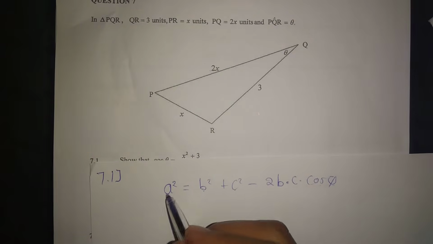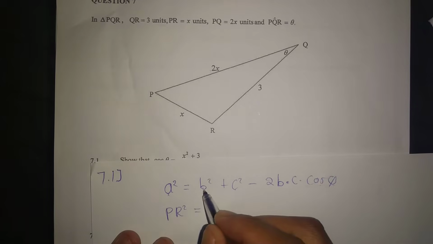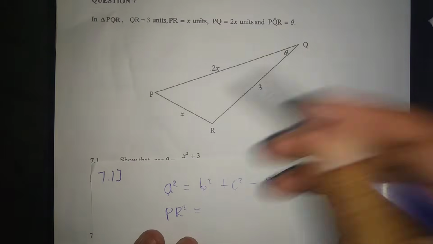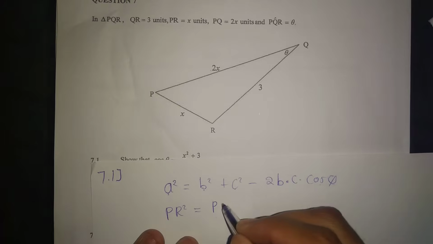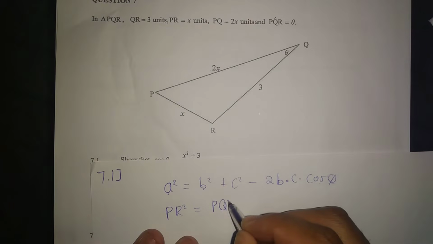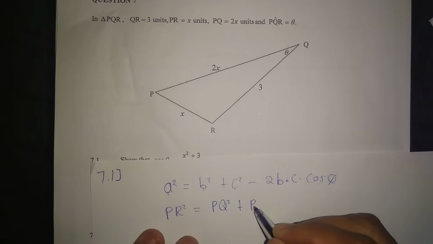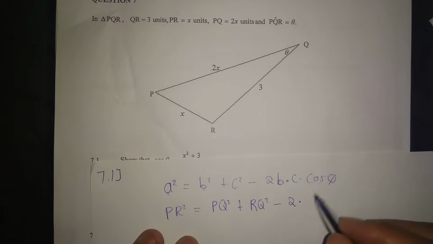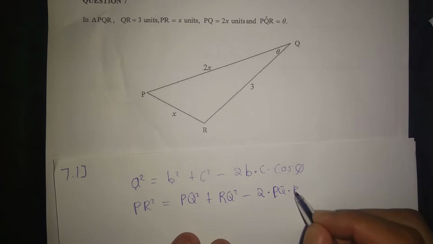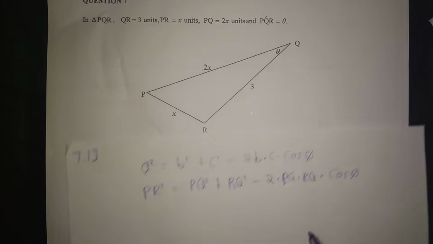So the opposite side, PR, so it's PR squared, is equal to b, any of the two sides. So let's take b as PQ, so it's going to be PQ squared plus c, the other side, RQ, minus 2 times b, which is PQ, and then c is RQ, times cos theta.